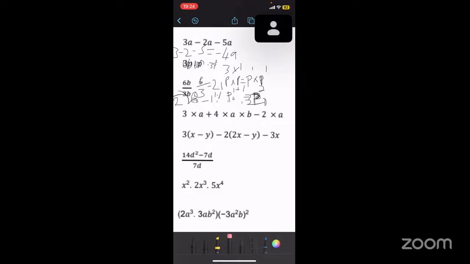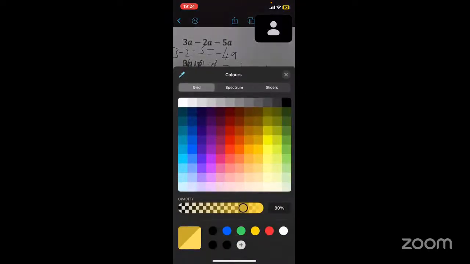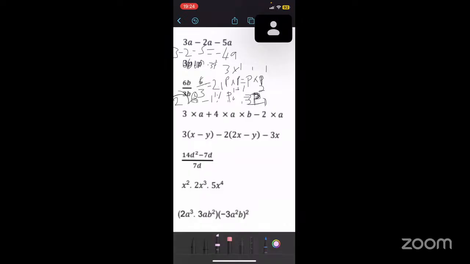Ma'am, we're going to multiply 3 multiplied by A. Then we're going to go to 4 multiplied by A, then B minus 2, ma'am. So you're going to multiply this, and wait, what did you say? Ma'am, I said 3 multiplied by A, 4 multiplied by A, B minus 2.